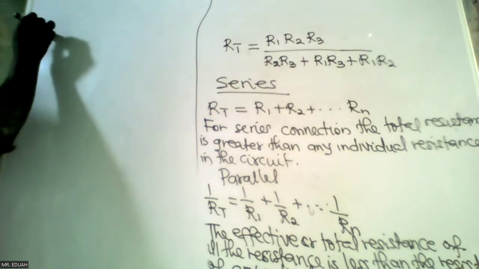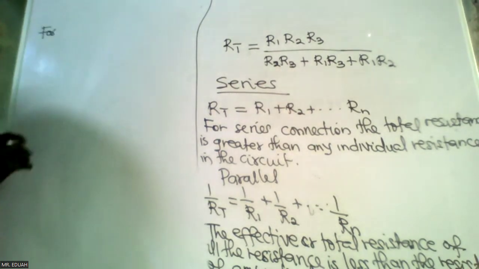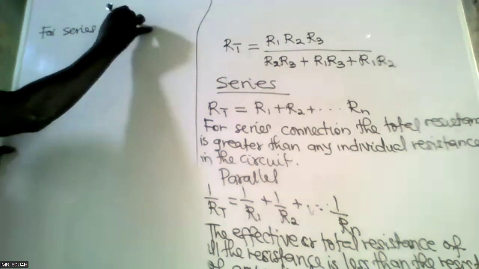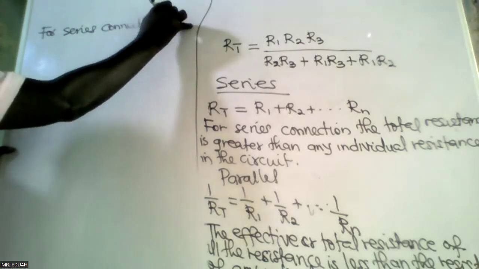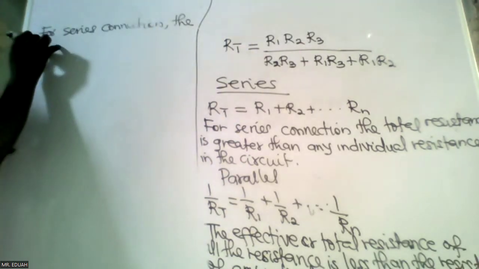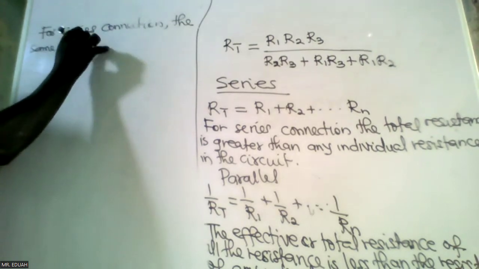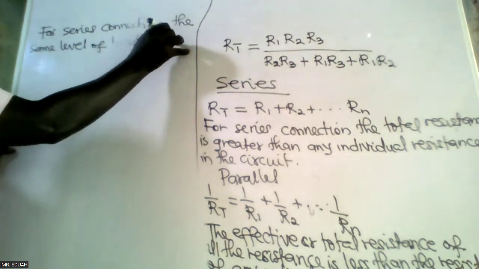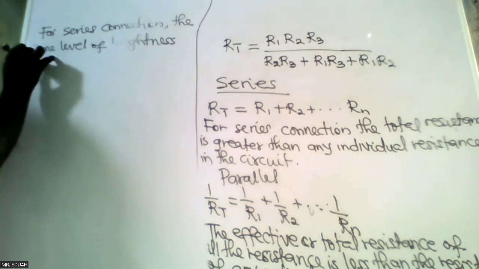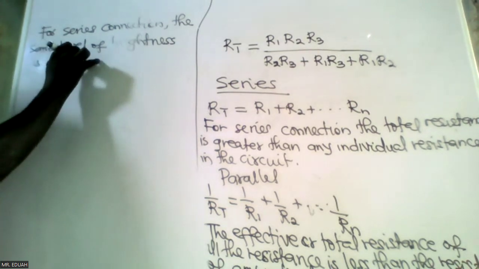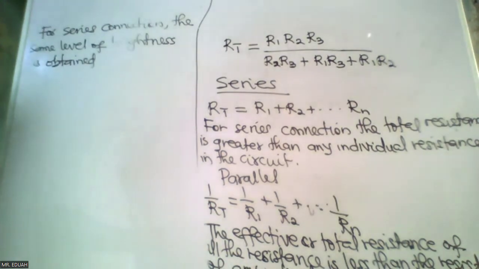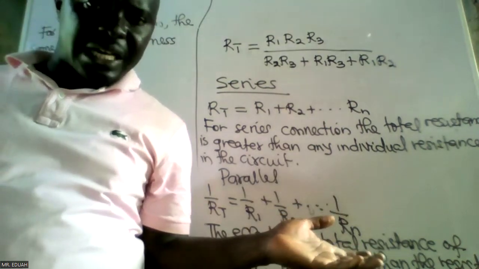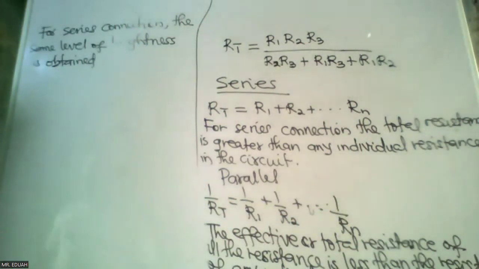So for series connection, the same level of brightness is obtained. So if you have 100 bulbs connected in series, their brightness level will be the same because the same amount of current flows through them.